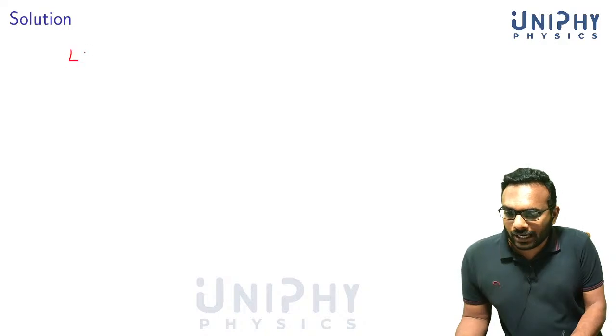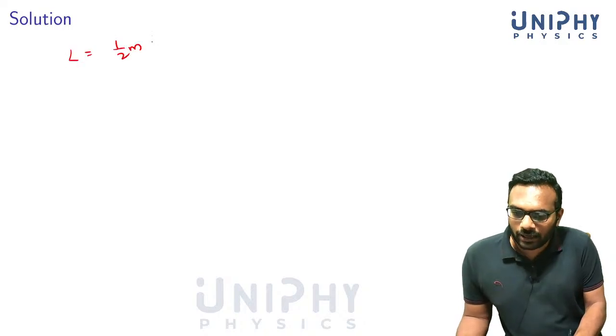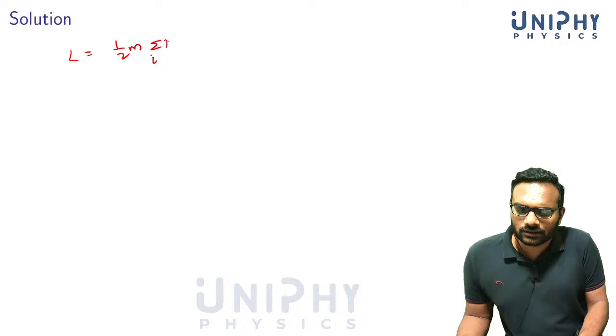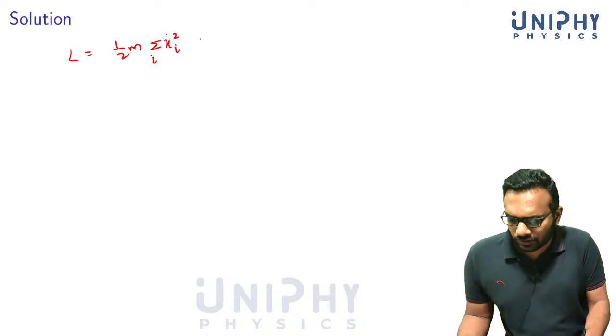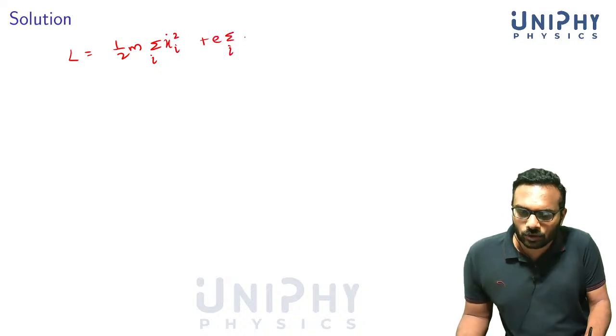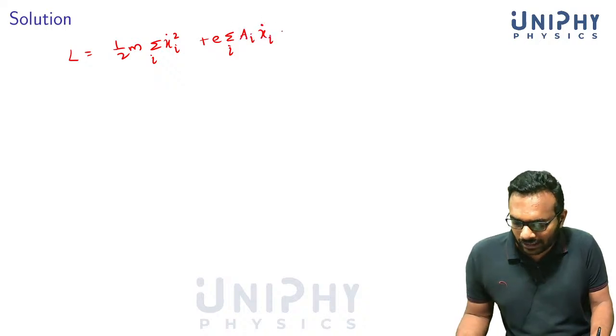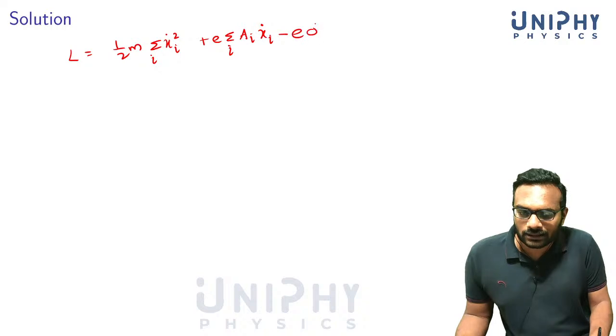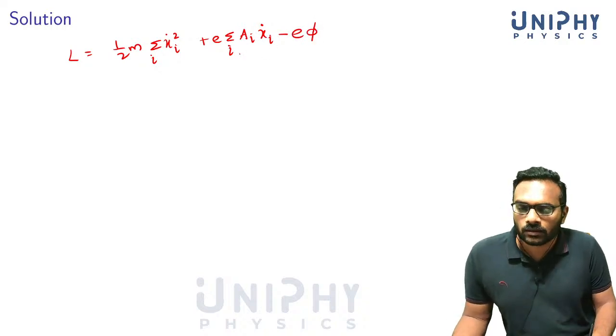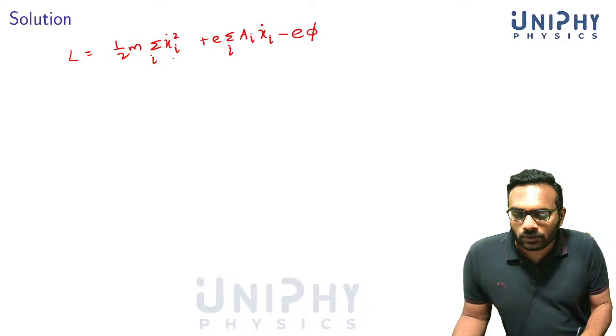So you got L is equal to half m summation over i xi dot square plus E summation over i Ai xi dot minus E phi. All right. So what does this mean?